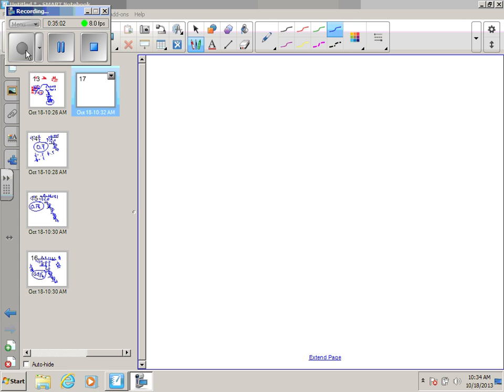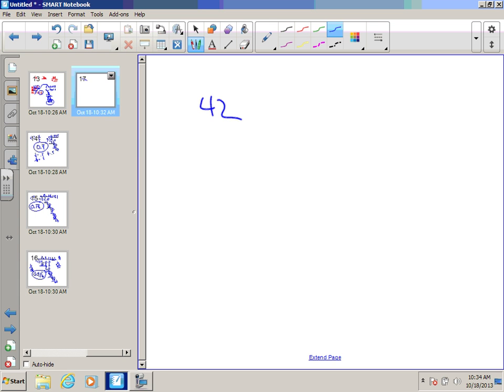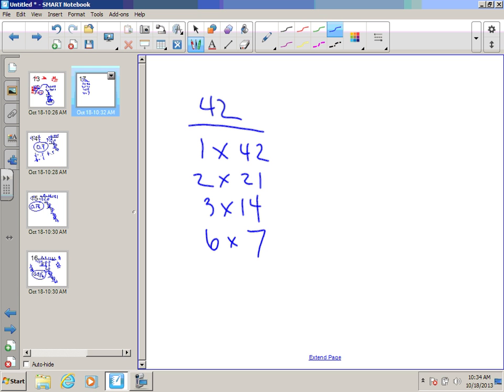So here's what we need to know. Using 42, what are the possibilities that we could have? We could have one row of, we could have 2 rows, we could have 3 rows of, we could have 6 rows of 7.